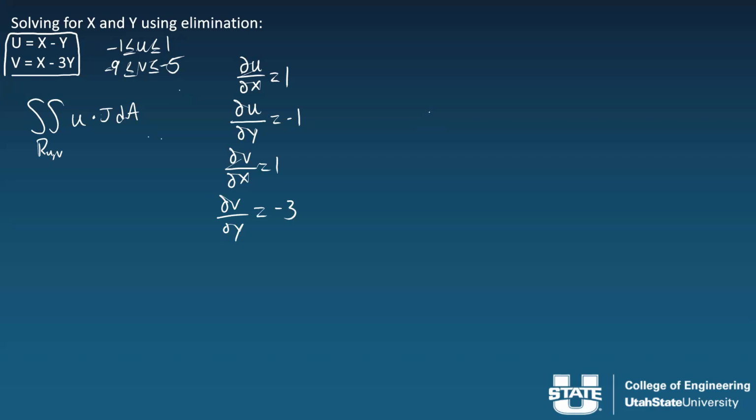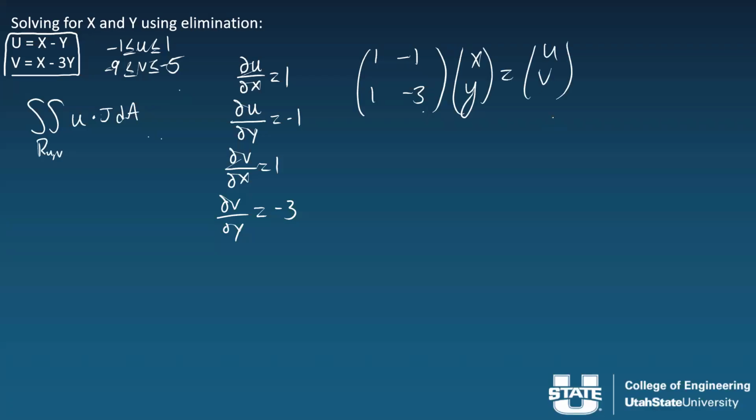How we want to calculate that Jacobian is we create a matrix where we have these coefficients of our x and y, times x and y equals u and v.